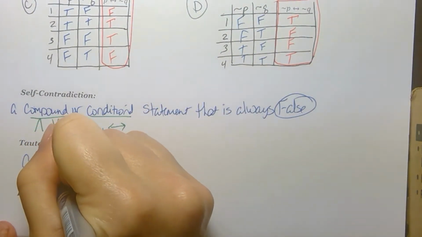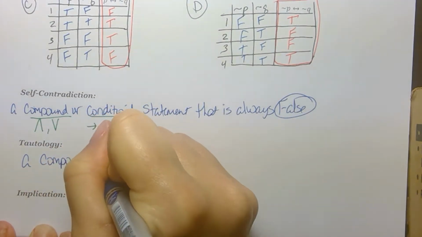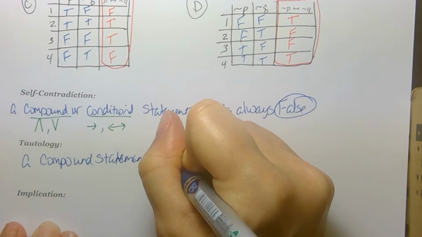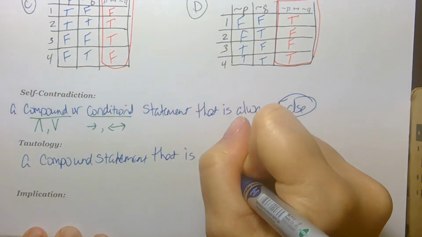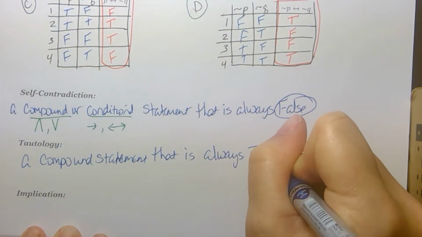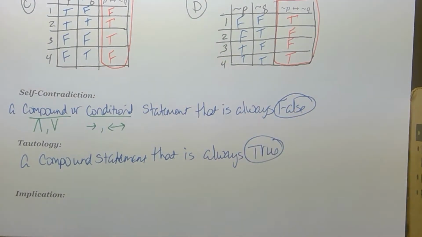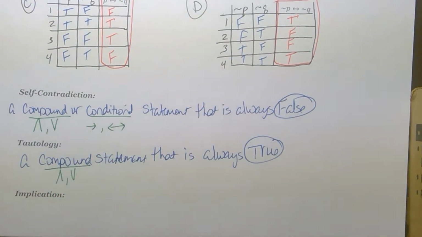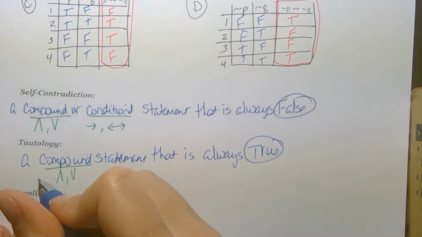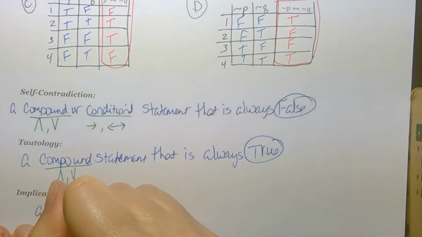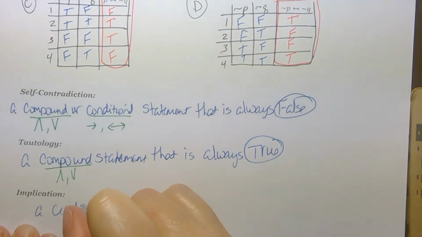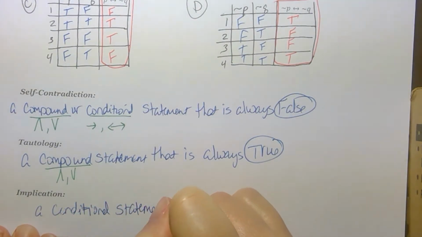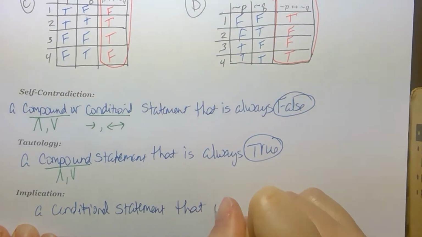A tautology is a compound statement that is always true. And remember, my compound statements are my conjunctions and disjunctions. And then an implication is a conditional statement that is always true.